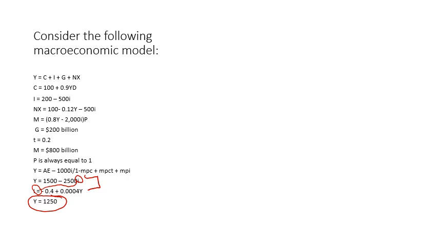Well, that's simple enough. So remember, we're calculating Y. All right, so let's start here. Y is equal to 1,500 minus 2,500I. I am using this equation here, right?